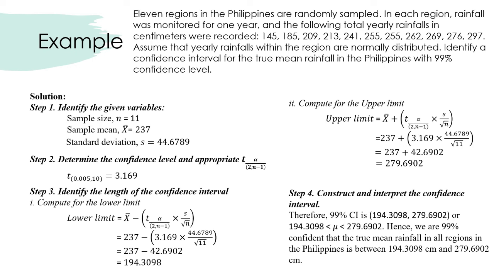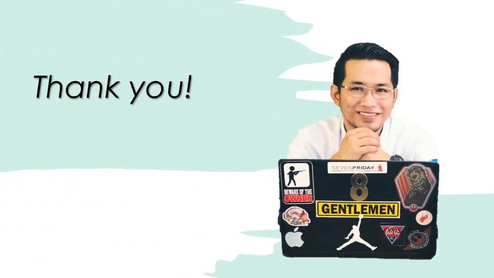Hence, we are 99% confident that the true mean rainfall in all regions in the Philippines is between 194.3098 centimeter and 279.6902 centimeter.